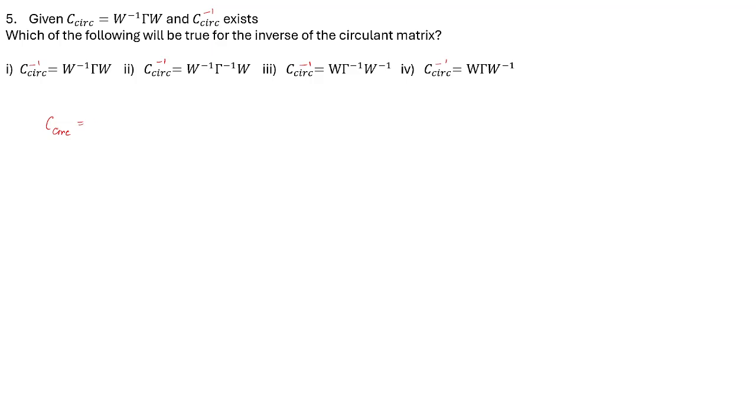We have C circular is equal to W inverse gamma W, and we know that C circular inverse exists.